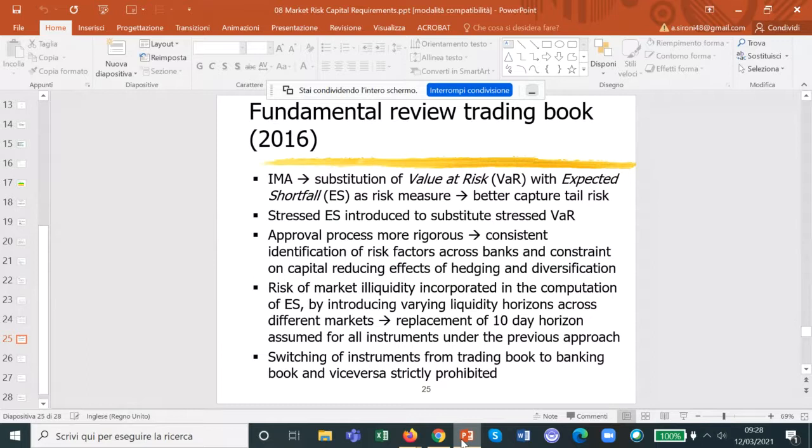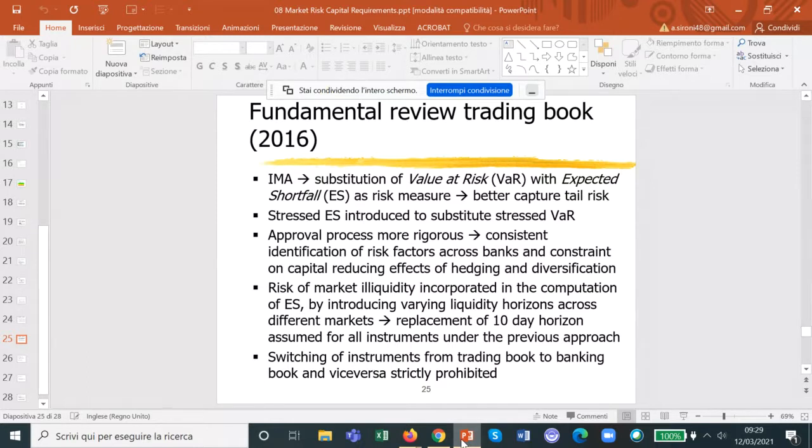Okay, and of course, just as expected shortfall will be substituting value at risk, we'll have a measure of stressed expected shortfall to substitute the stressed value at risk. Okay. Also, the approvals process has become more rigorous. The risk of market illiquidity needs to be incorporated in the computation of expected shortfall. And there is the prohibition to switch instruments from the trading book to the banking book and vice versa. So once positions have been classified, they need to remain there.